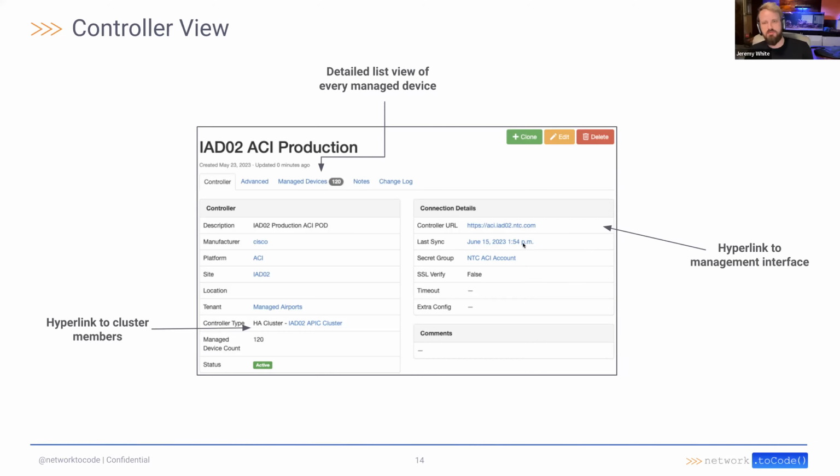This last sync attribute is actually going to be referencing the Nautobot SSOT. Nautobot SSOT, single source of truth, is to a certain extent our opinionated implementation of an ETL framework, extract, transform, load. Behind the scenes, we define a data source and a data target.